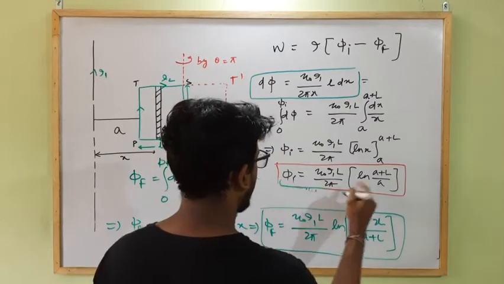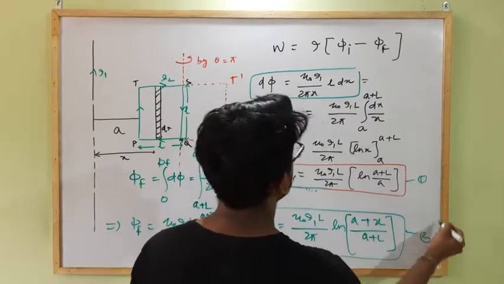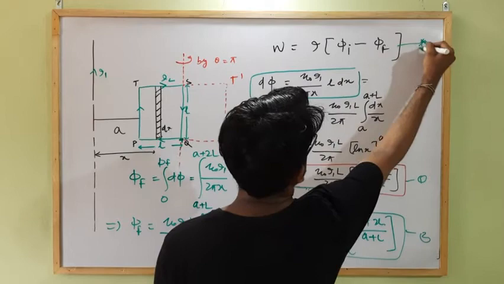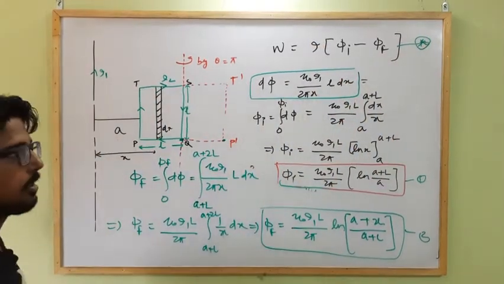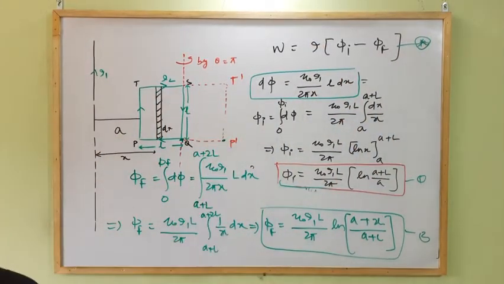This is the expression for φ initial, equations 1 and 2. Using 1 and 2 in this equation, we will get the amount of work done by rotating this coil. So what will be the expression for work done?